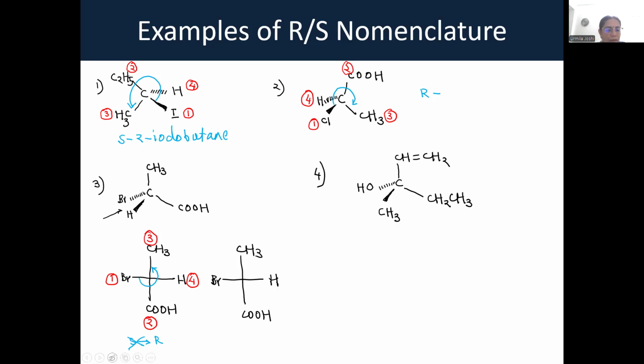You can just convert this to a Fisher structure because 4th priority is not pointing backwards. So convert to a Fisher structure. The 2 lines which are in plane, just put them in place. Now here again, you will require your left hand.